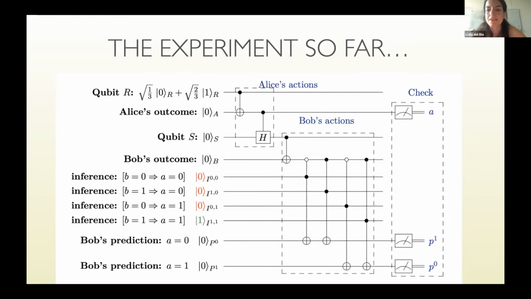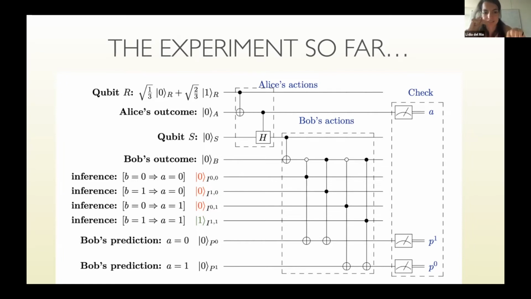And now how could someone from the outside check if Bob's reasoning was correct or not? Well, he repeats this experiment many times, and every time at the end of the experiment, Wigner measures these 3 registers. So he measures Bob's prediction register, and he measures Alice's outcome, right? So that's the same as asking Bob, okay, so what was your prediction?